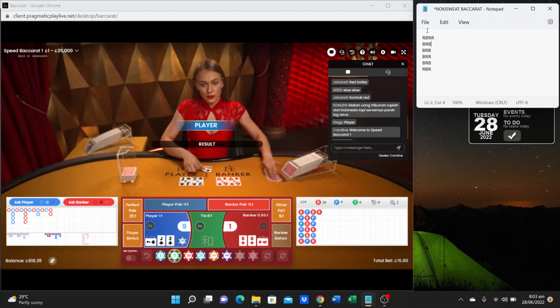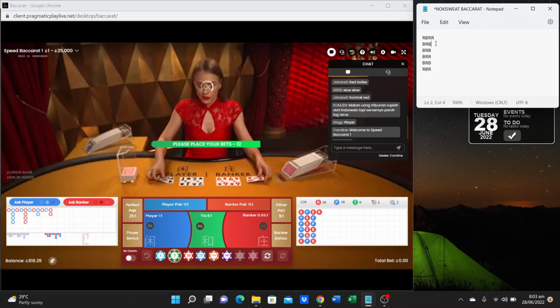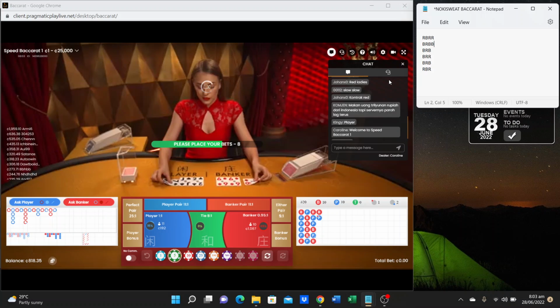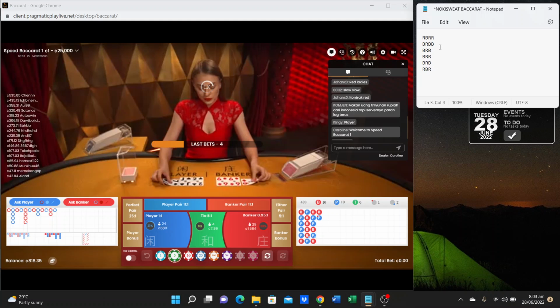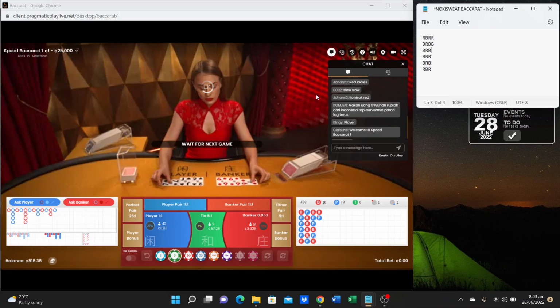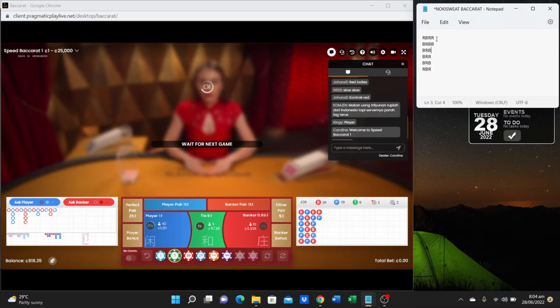So we won this bet. So that's blue. So we won. So we wait patiently as this last column, the fourth column, fills in.